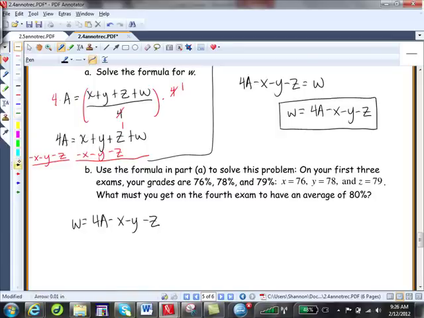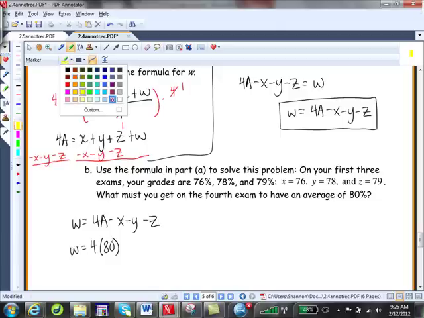So we are looking for the fourth exam W to have an average of 80%. Let's figure out where this 80 is supposed to go. Good. 80 is the average that we want. So this 80% goes in for the A.